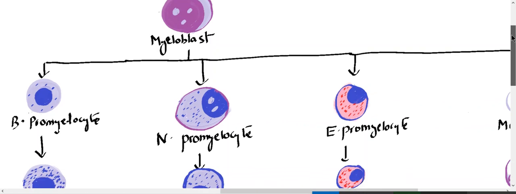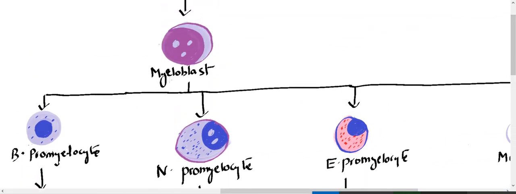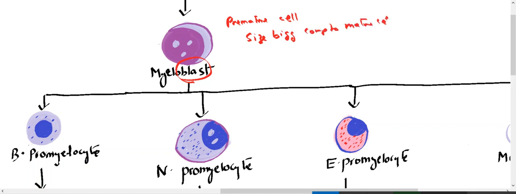Because there was no space, I had to draw the picture here. This myeloblast again is a premature cell, and as I said, the more premature a cell is, the bigger its size compared to a mature cell, except the megakaryoblast and the megakaryocyte.